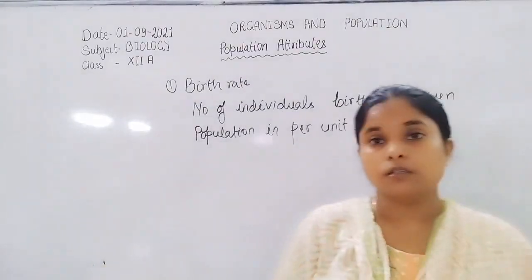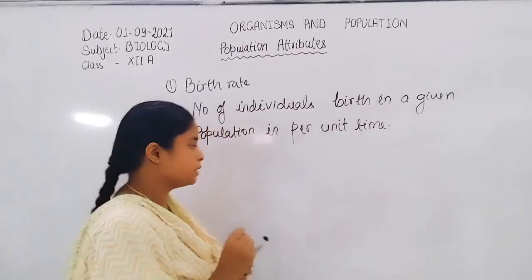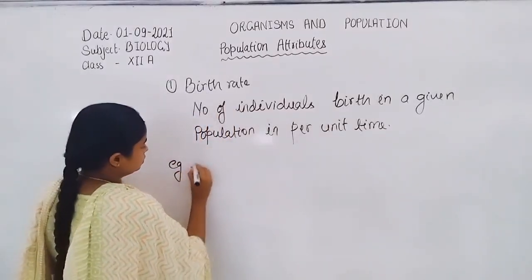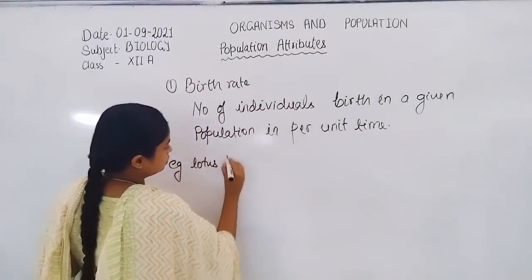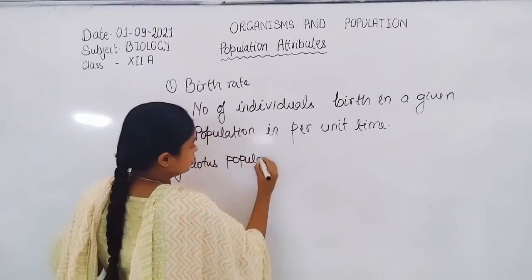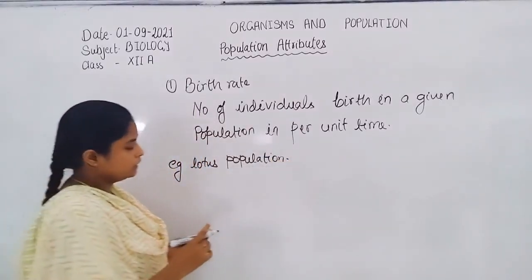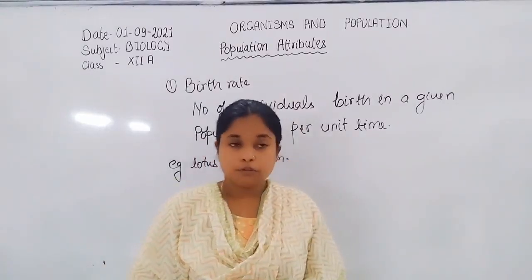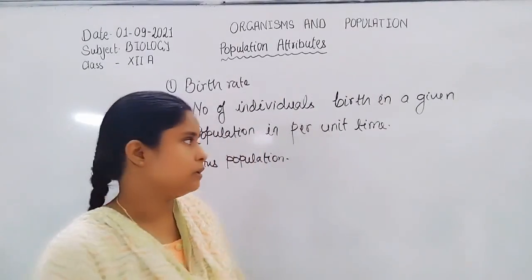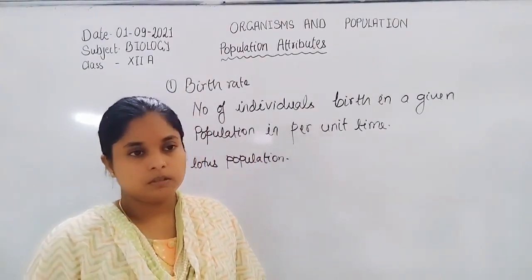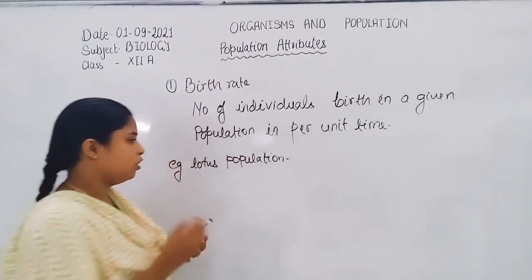If we take the example of a lotus population present in a pond, there are 24 lotus plants in the population.